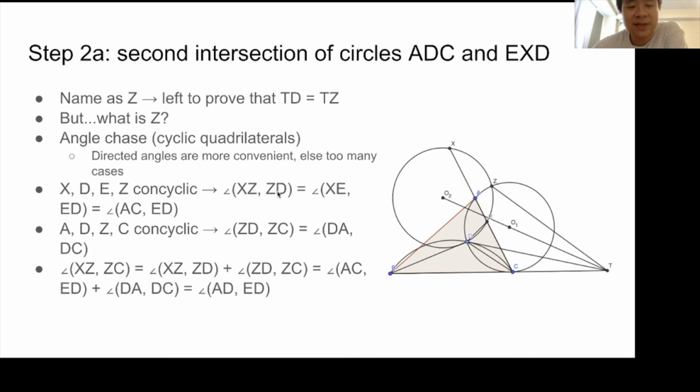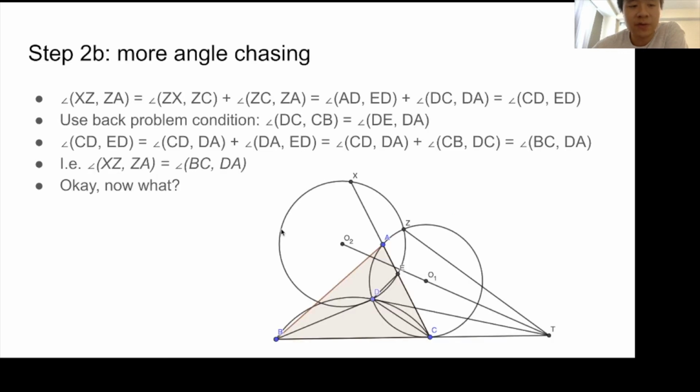This angle is the angle that you need to move counterclockwise from XZ to ZD, and then we will have ∠(XZ, ZD) equals ∠(XE, ED) if and only if X, D, E, Z are concyclic. Yeah, and then these are basically just angle chasing, which I am not going to go through individually.